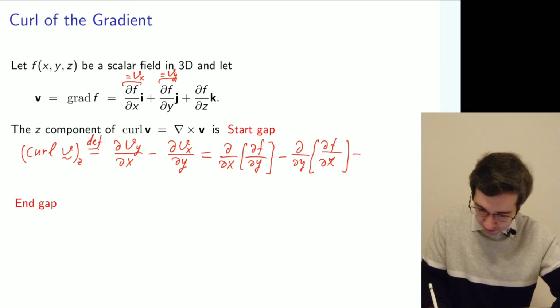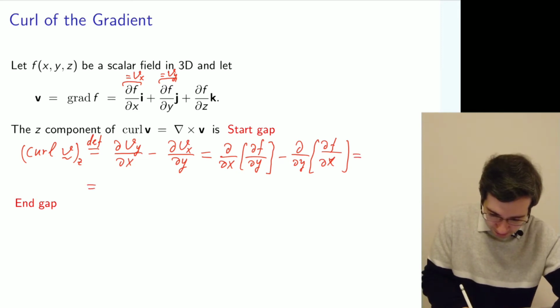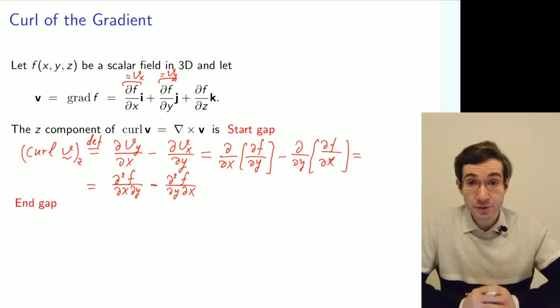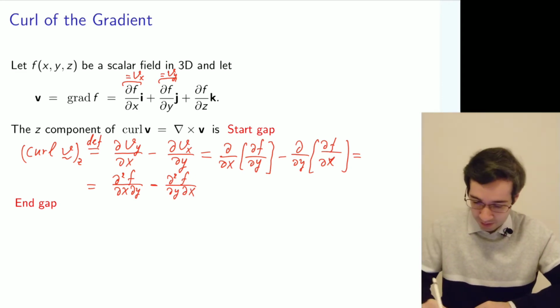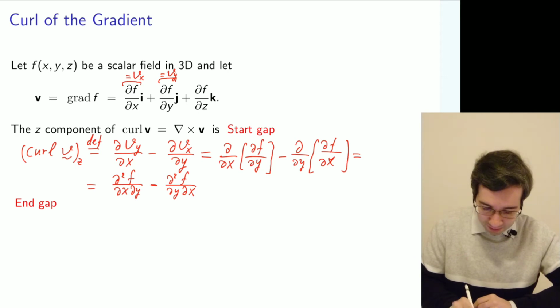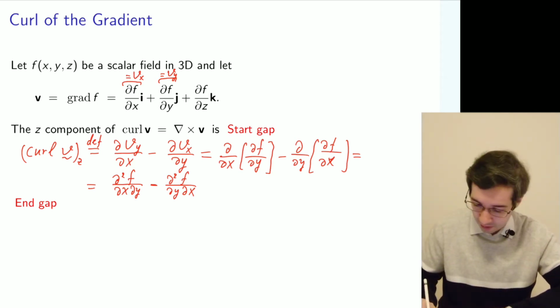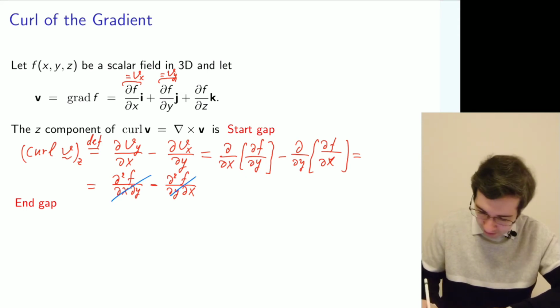Or we can say that this is the second order partial derivative of f with respect to x and y minus second order partial derivative with respect to y and x. But from the properties of the partial derivatives, we know that it doesn't matter which order you differentiate, it's the same. So they cancel out and the result will be 0.